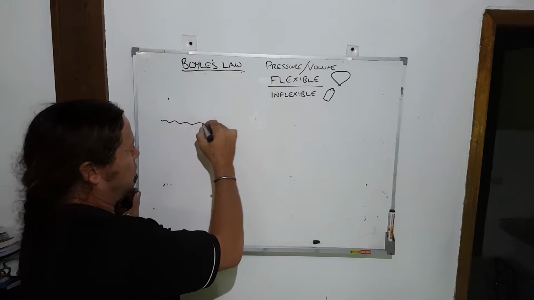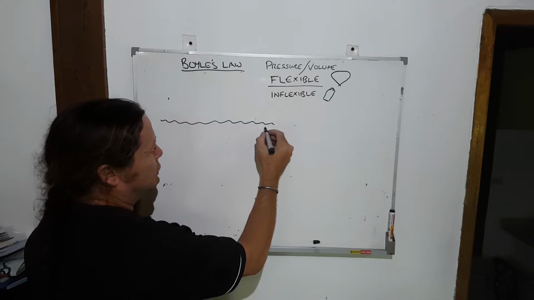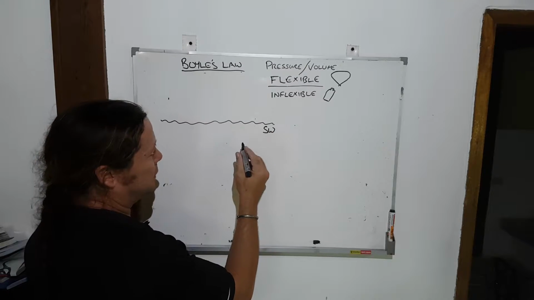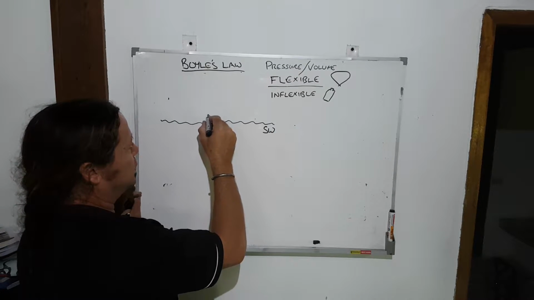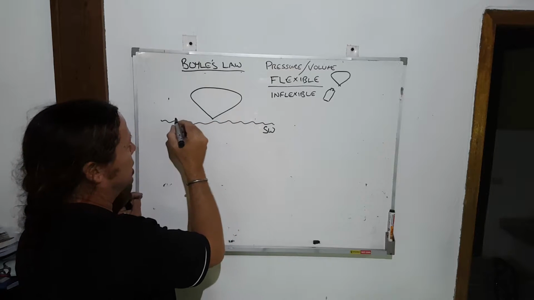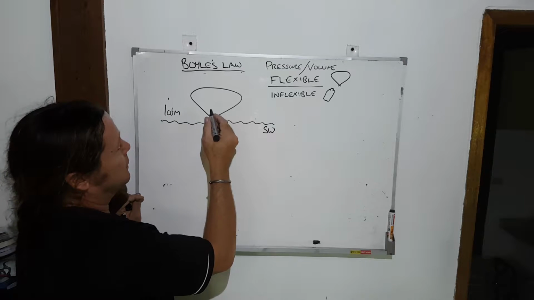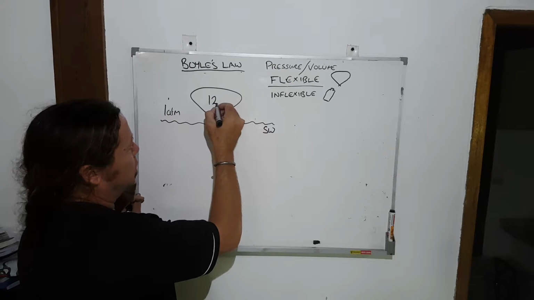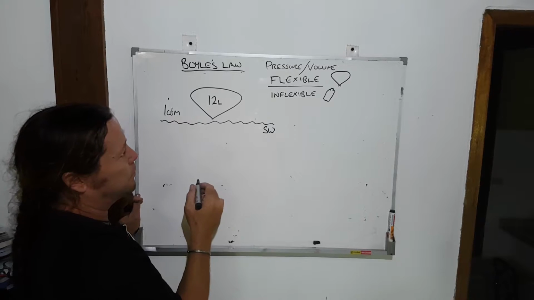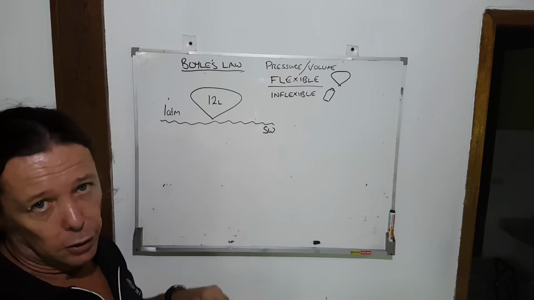So first of all, we'll get our water. This is salt water. And we're going to take our flexible container at the surface, which obviously is 1 atmosphere, and my flexible container is 12 litres big. Just simply going to take it down underwater.